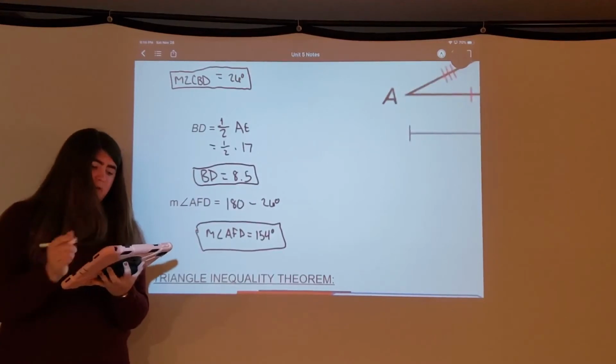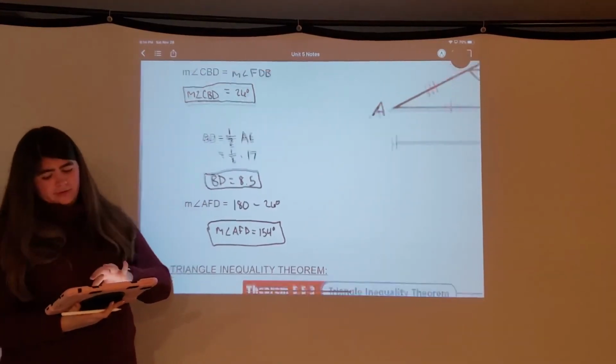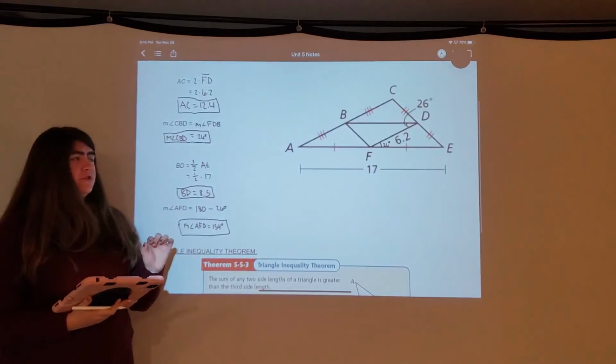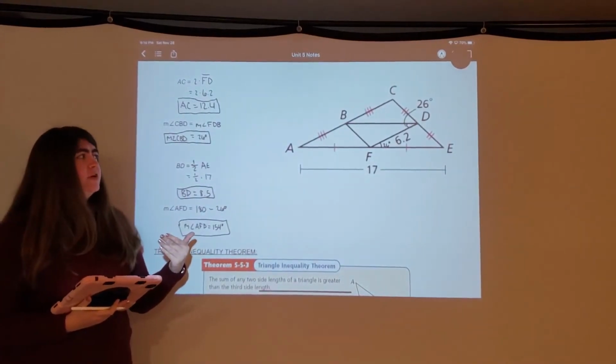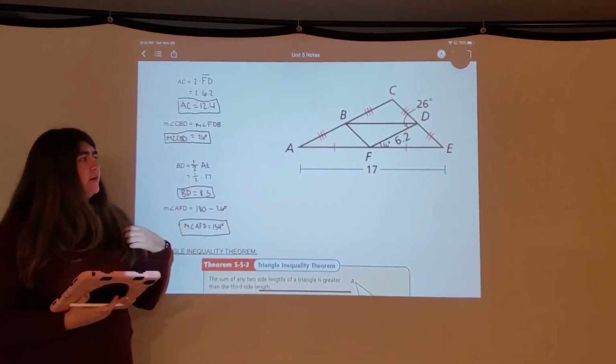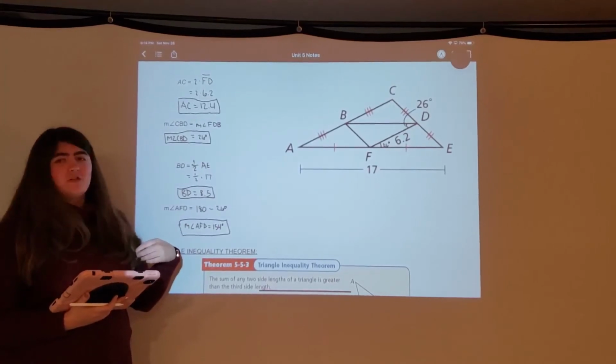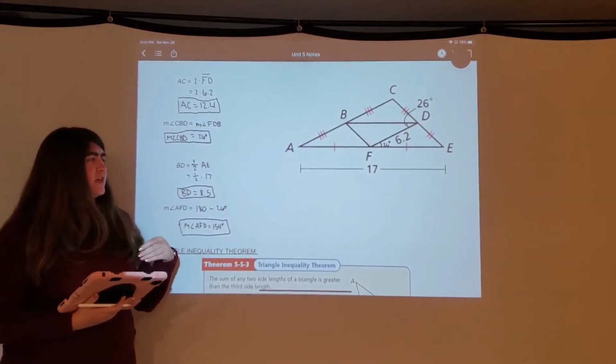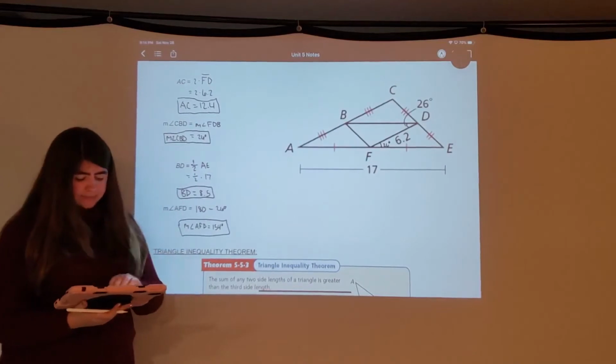And that is all we need to solve for this example, but there are a few other pieces you could find, because there's other sets of corresponding angles and other alternate interior angles, and a few other things as well, but we'll go ahead and leave it at that.